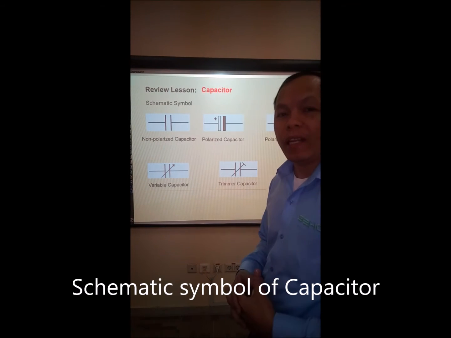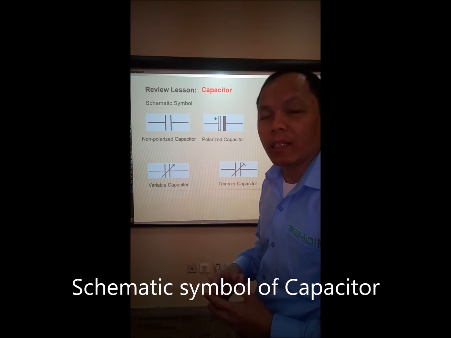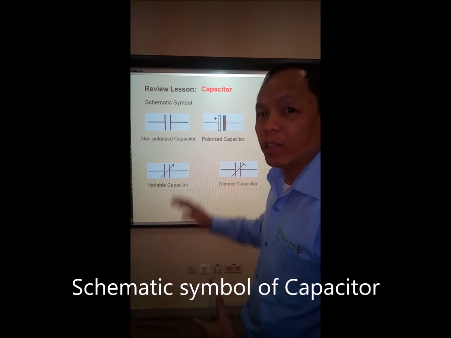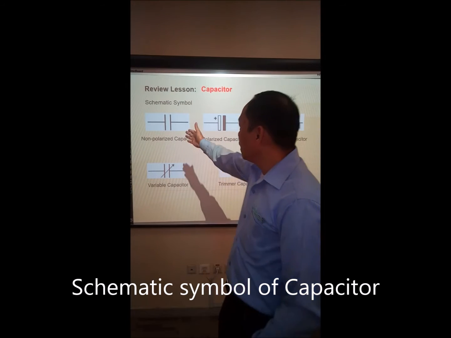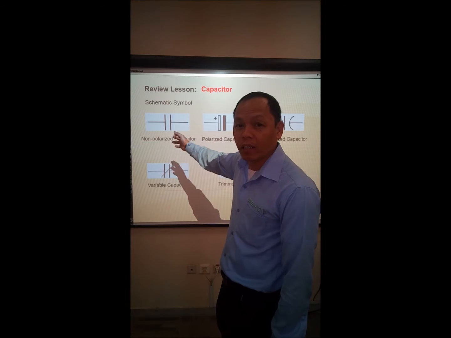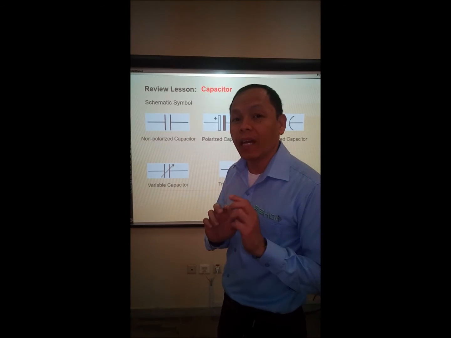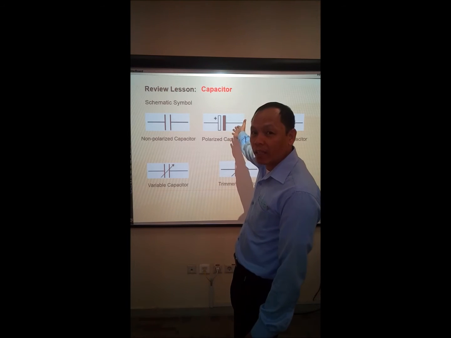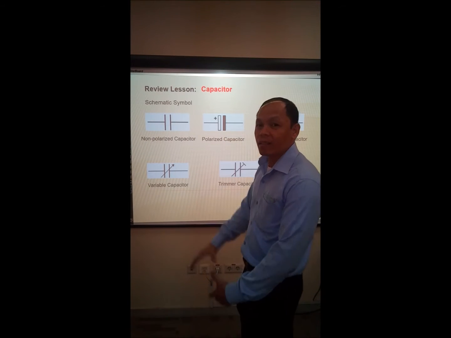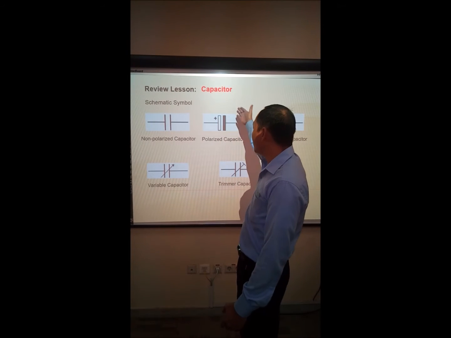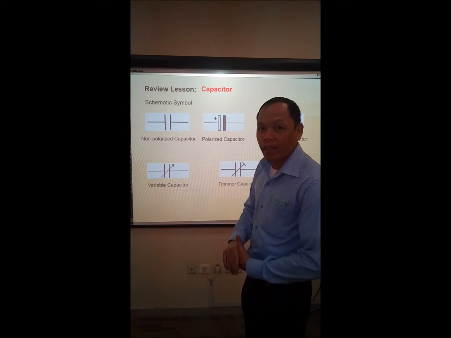Now we have another lesson which is all about the schematic symbol of the capacitor. On the board, you can see here the non-polarized capacitor, meaning there is no positive and negative polarity. Now another capacitor here is the polarized capacitor. You can see there is a positive, and the other side here is negative.